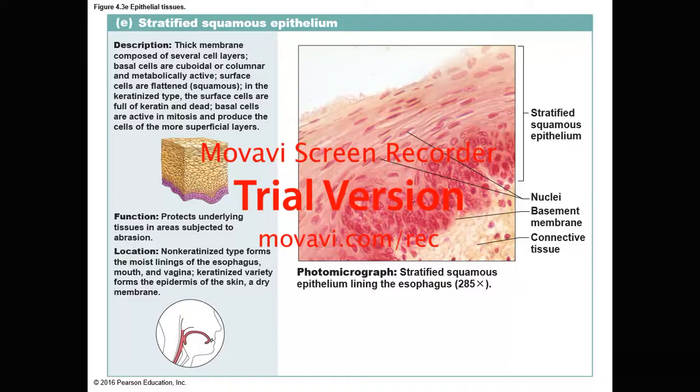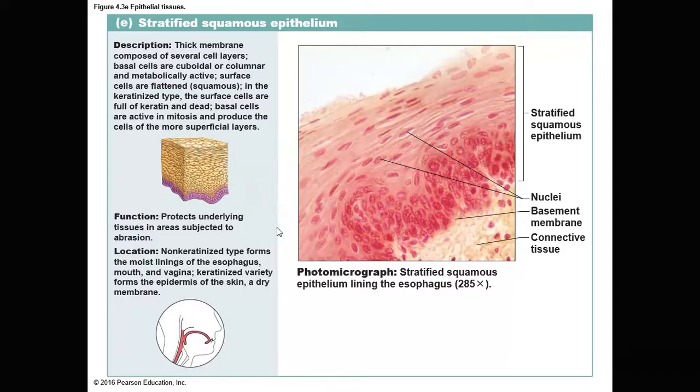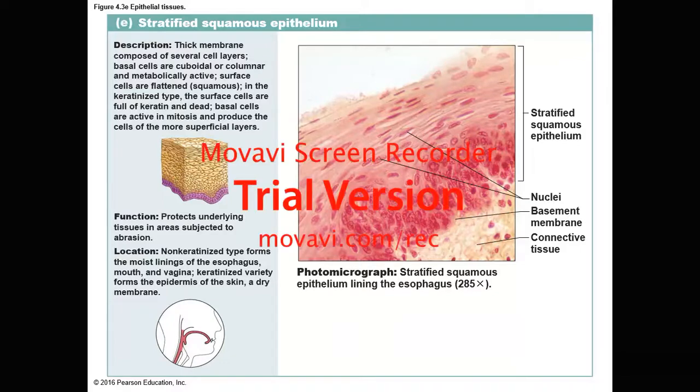The function is to protect underlying tissues in areas subject to abrasion. Non-keratinized type forms the most moist linings of the esophagus, mouth, and vagina. Keratinized variety forms the epidermis of the skin, a dry membrane.